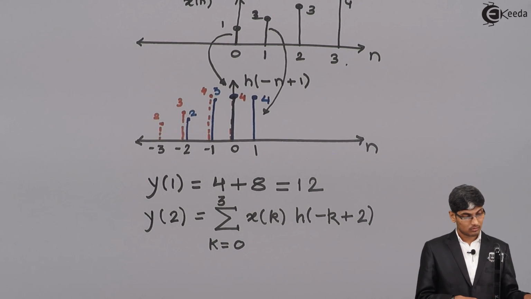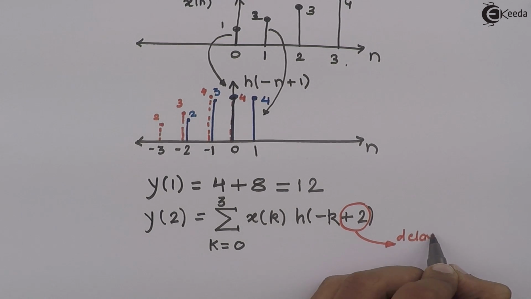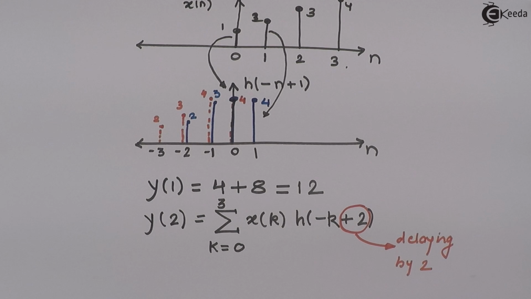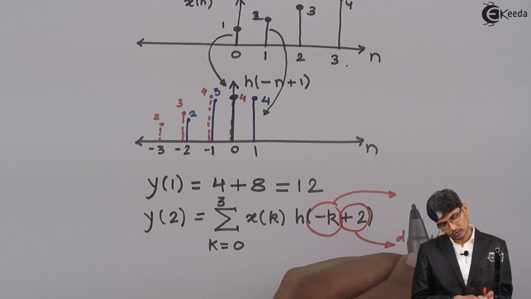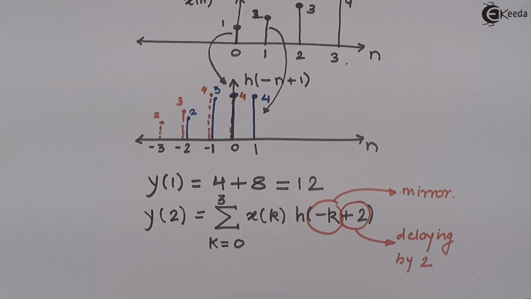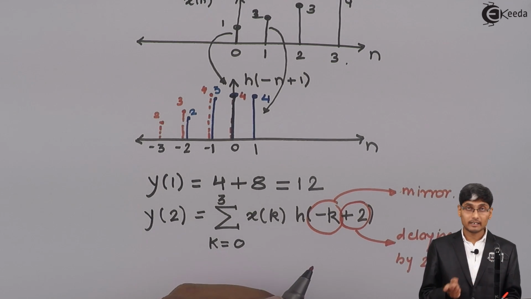That means now I will be delaying the signal by 2. Why? Because why there is a delay? Because I am using which signal? A mirror signal. If there was no mirror, then I would have advanced this signal instead of delaying the signal.